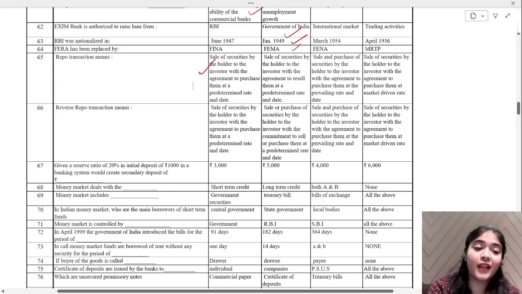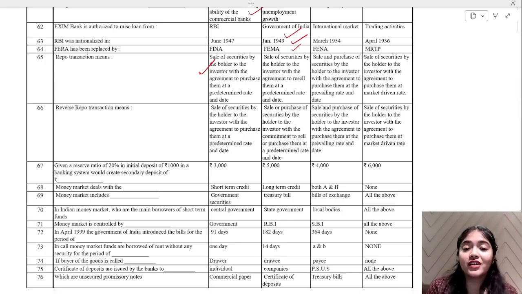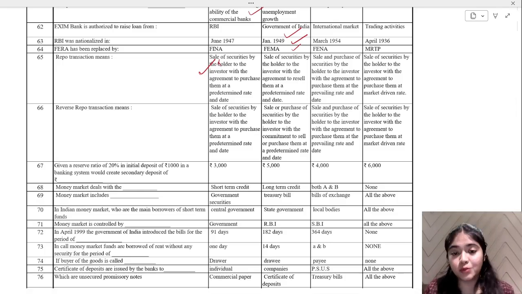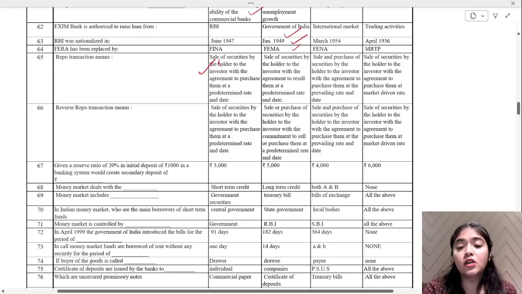Very good. Now, reverse repo rate transaction means sale of security by holder. Here it should be holder. I guess they have written wrong over here. Yes, by the holder to the investor with the agreement to purchase them at a predetermined rate and date. So that was repo rate. It can't be this one, right? Sale or purchase of securities by the holder to the investor with the commitment to sell or purchase them at a predetermined rate and date.